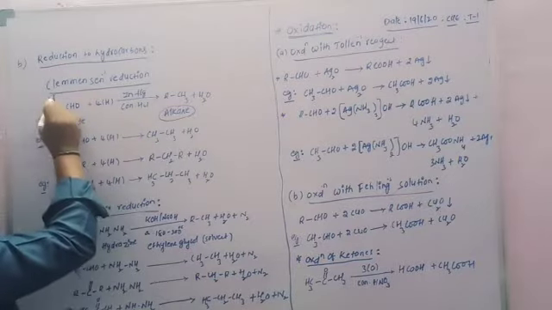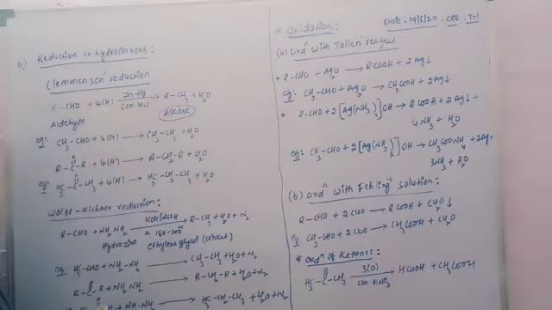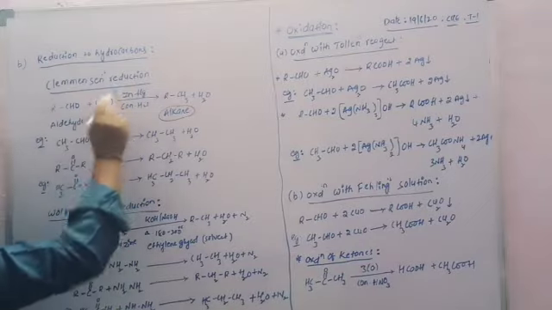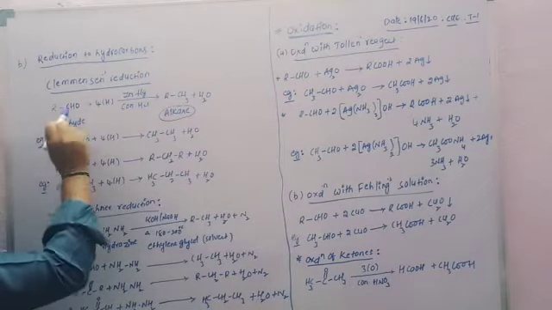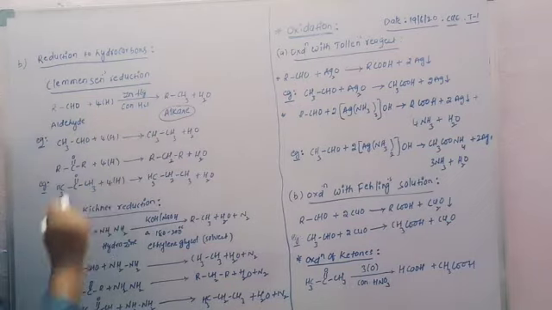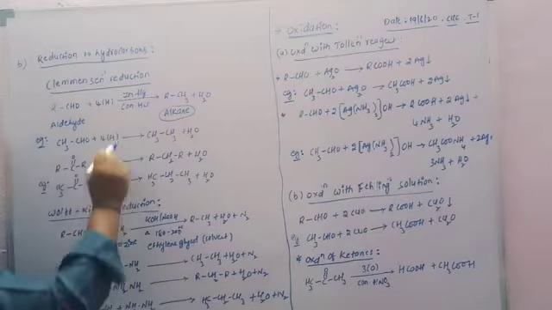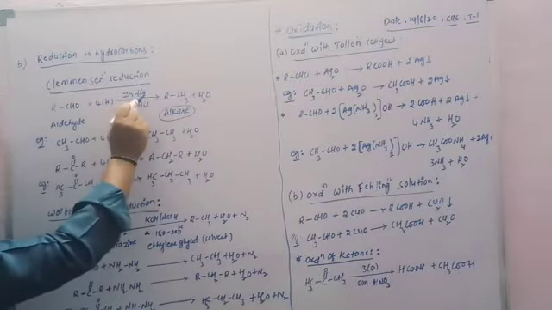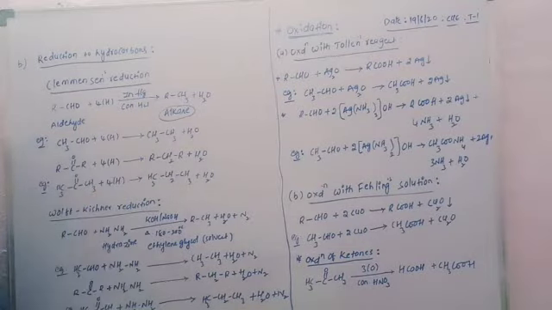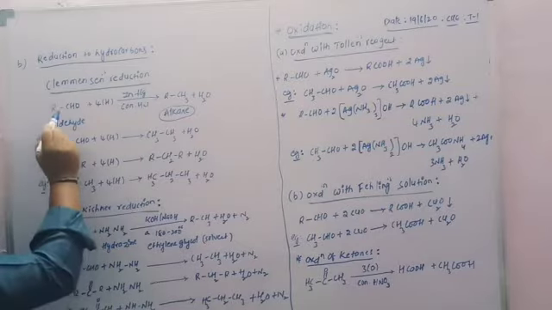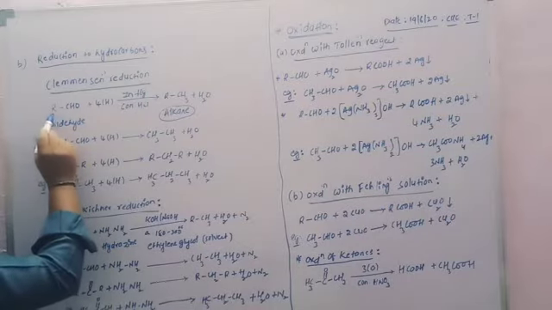The reaction is known as Clemmensen reduction. In Clemmensen reduction, aldehydes or ketones are converted into hydrocarbons in the presence of zinc amalgam catalyst and concentrated hydrochloric acid.